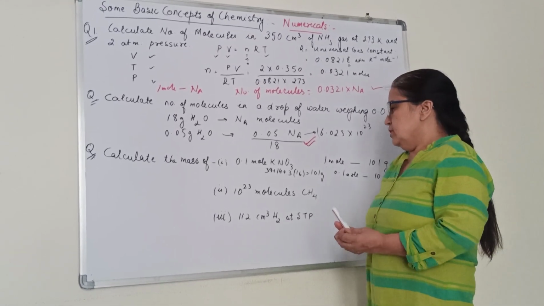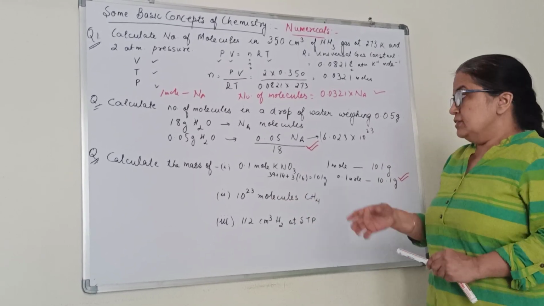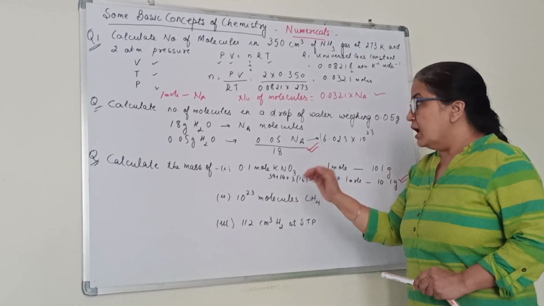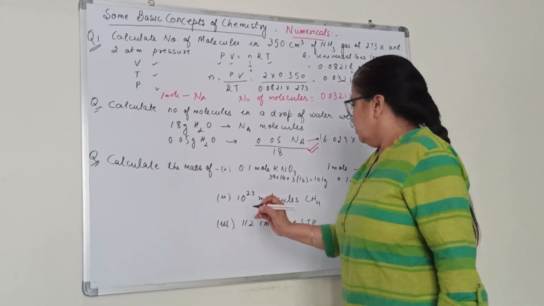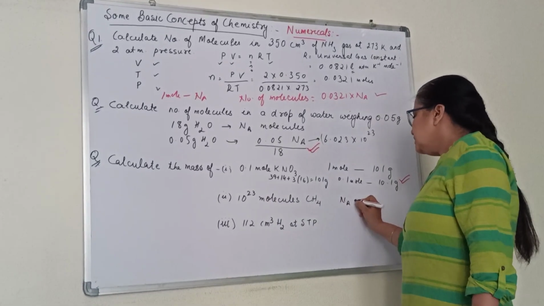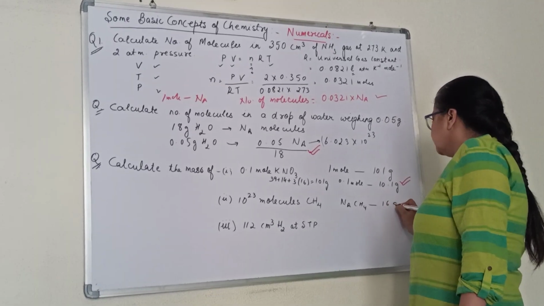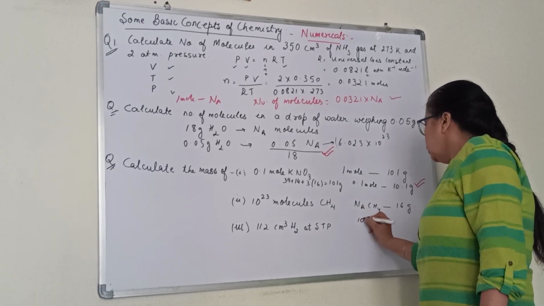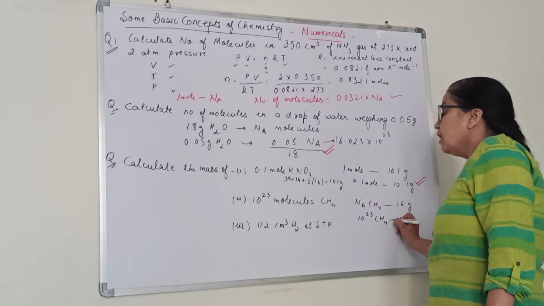Next, for these many molecules of methane, what is the mass? They want a relation between mass and molecules. What do we know about methane? We know that Na molecules of methane weigh 16 gram. Therefore, 10 to the power 23 methane molecules will weigh how much?